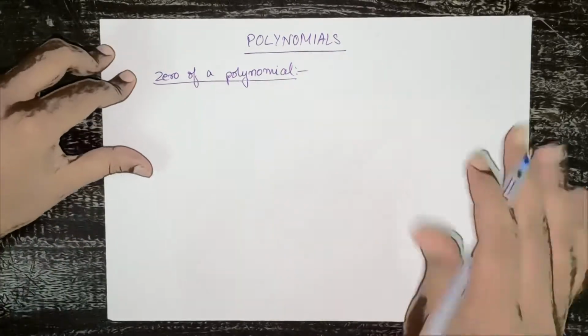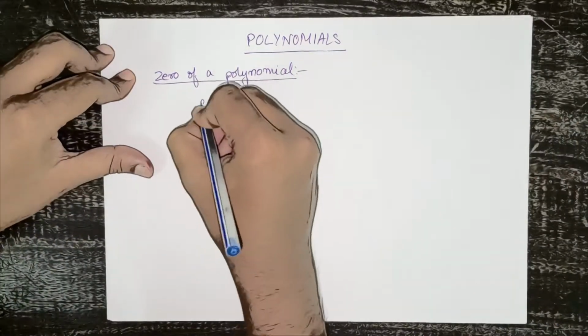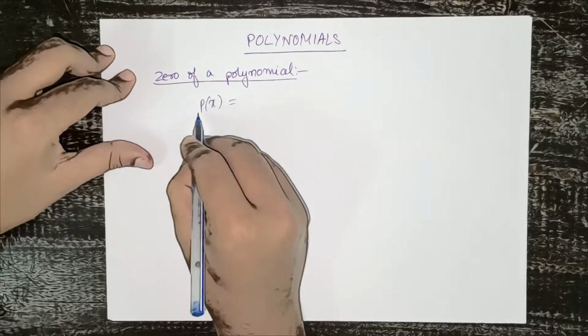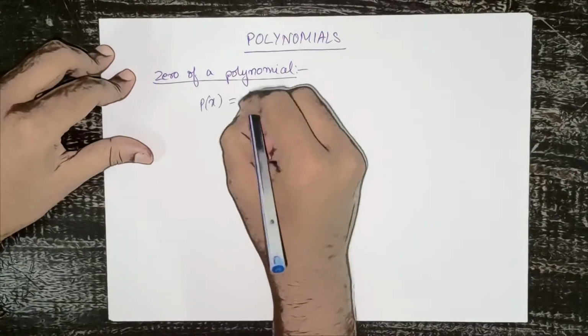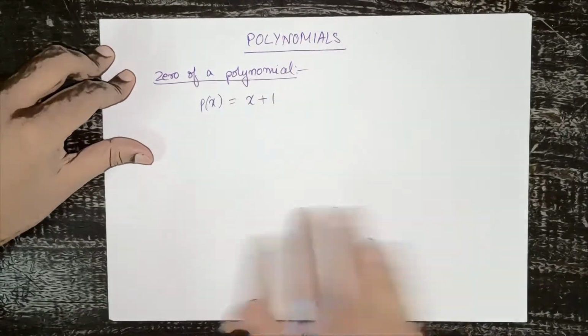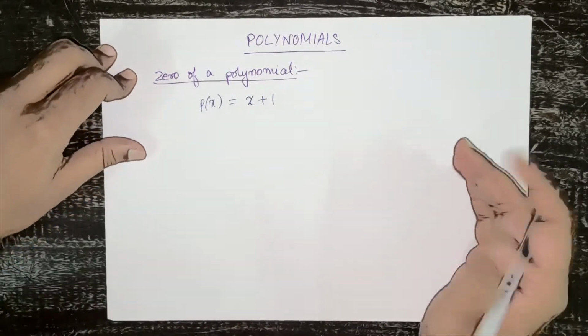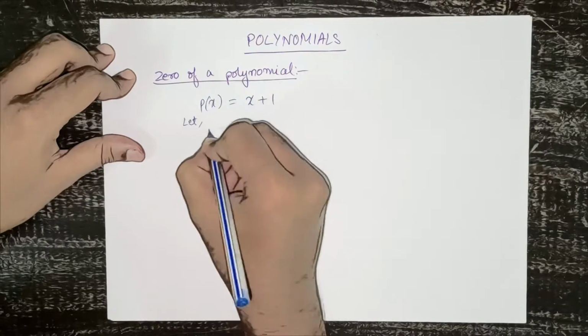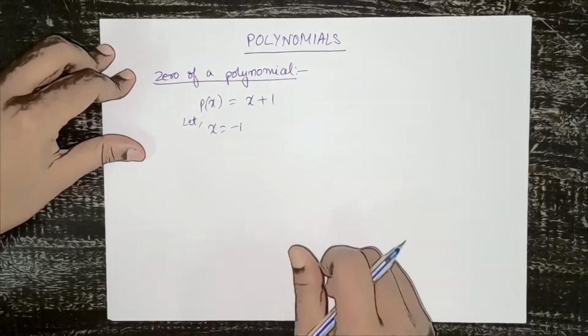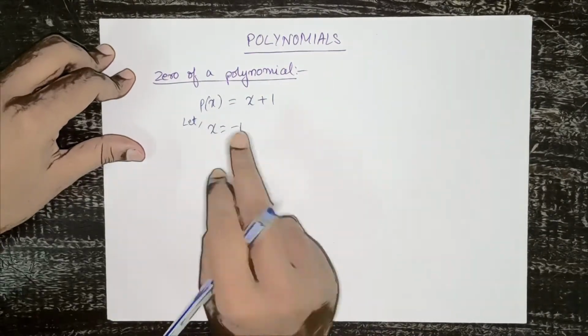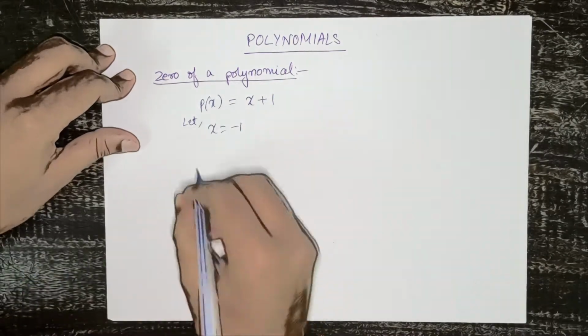So, for example, I write one polynomial, suppose p of x, a polynomial in the variable x, is equal to x plus 1. Now x is the variable here, so x must have some value. Let us consider x equal to minus 1. If x is minus 1, what will be the value of the polynomial?